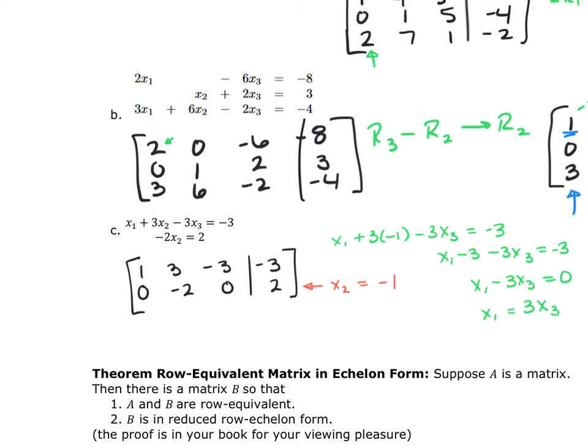So the solution to this one, x arrow, or you might write this as the solution, which is equal to, and you might see it in this notation, I have 3 x sub 3, that's what x sub 1 is. I have negative 1, because that's x sub 2. Then x sub 3 is the free variable, so I put it like that.